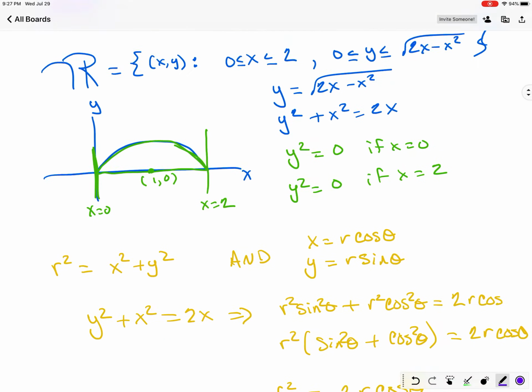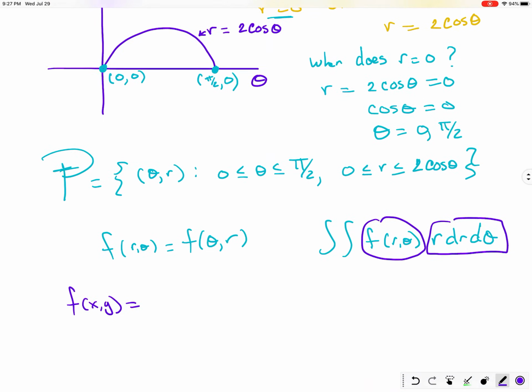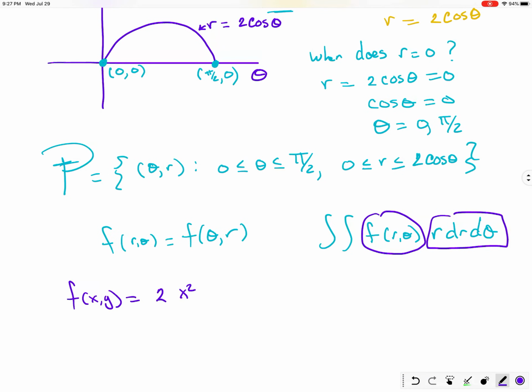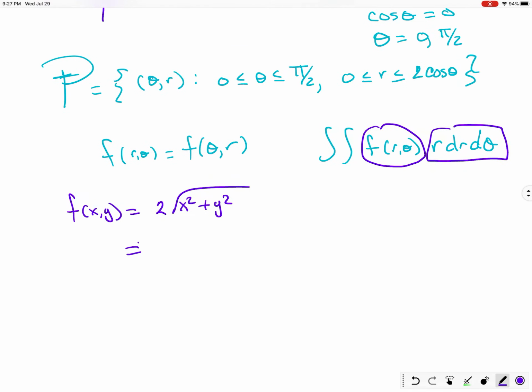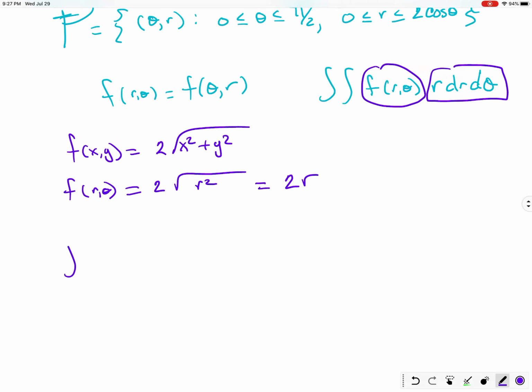So we started with a function of x and y, which was equal to 2 times the square root of x squared plus y squared, and I'm going to convert that into a function of r and theta. So that is equal to 2 times the square root of r squared, because x squared plus y squared is the same as r squared, so this is the same as 2 times r.